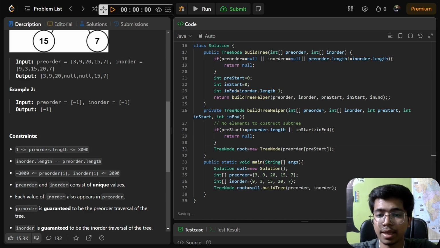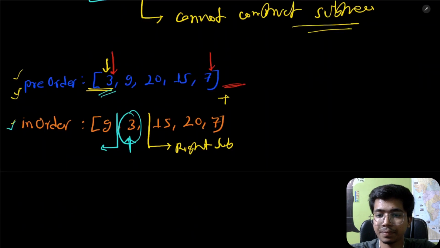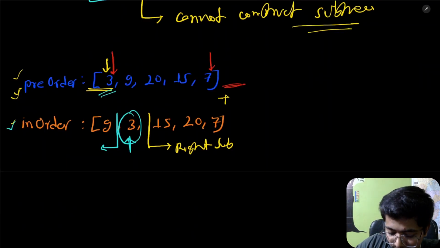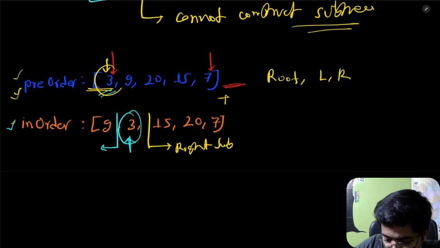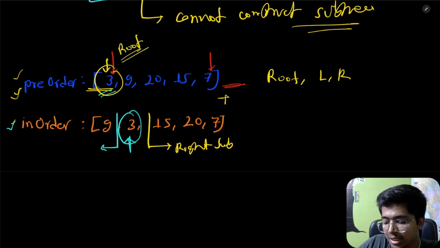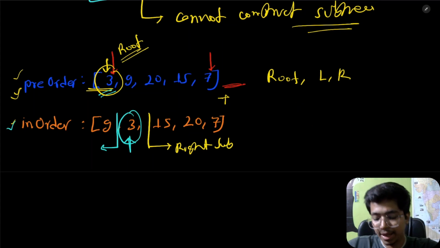That means, let's understand this line. Notice this is the pre-order, and we all know in pre-order that the first one is always root, then left, then right. So we got to know that this 3 is the root. With respect to that root, we just created the TreeNode root.